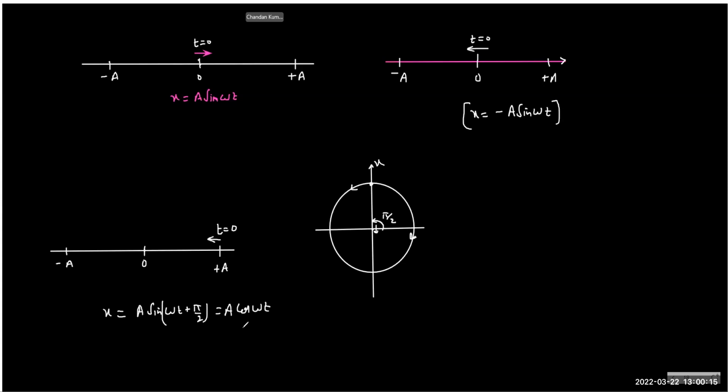And that is common sense. When t is 0, x is maximum, only cos 0 is 1, right? So when you start from the extreme position, it must be cos function. Do you realize this? Because only cos 0 is 1, isn't it? Are you getting the answer? So the moment you start from the extreme position, it is bound to be cos function.